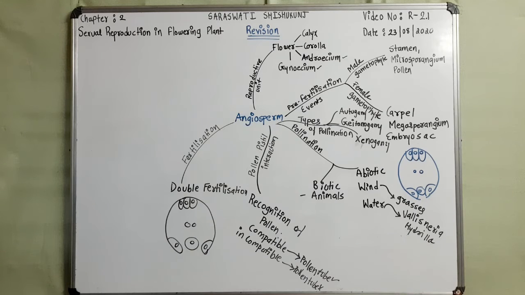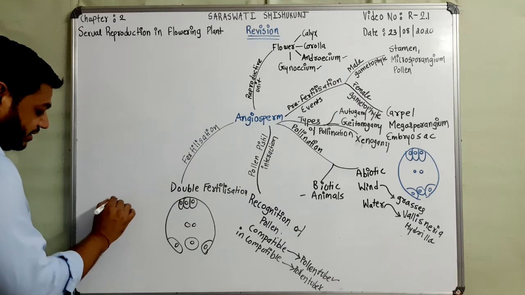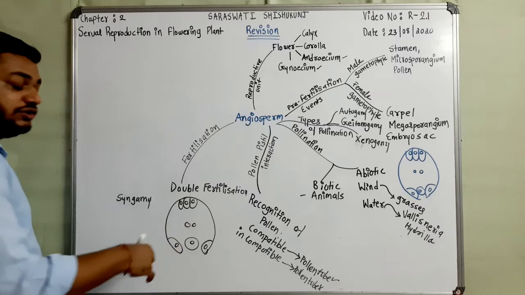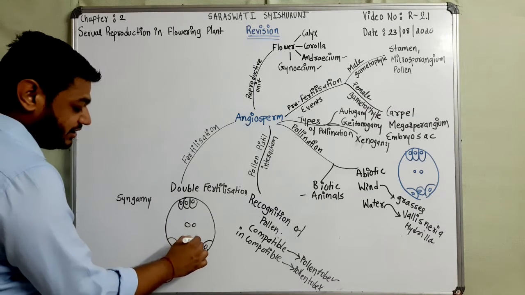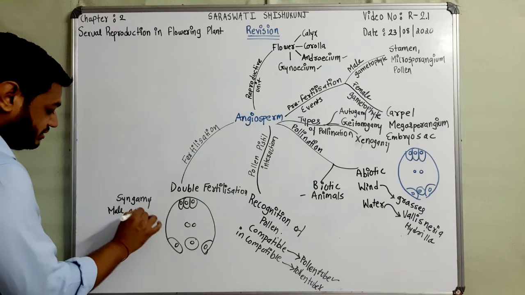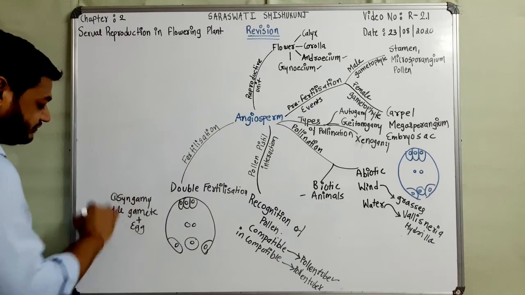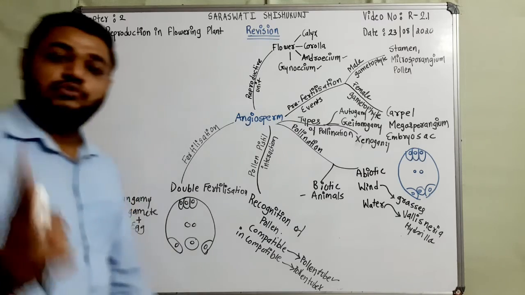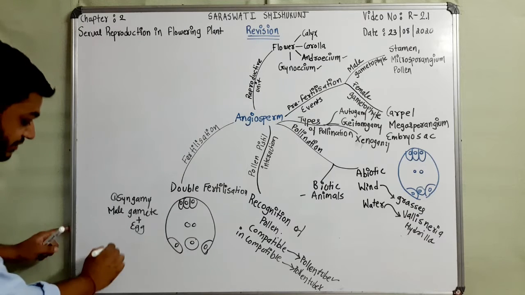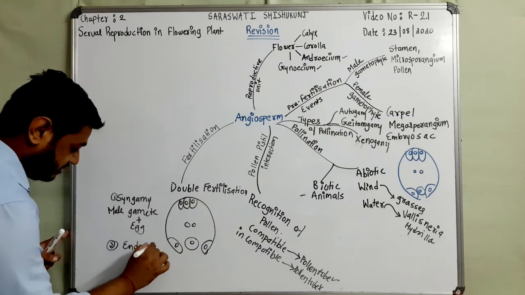In double fertilization, there are two fusions. One is syngamy, that is the fusion of a male gamete plus the egg. That is the first fertilization, because pollen contains two male gametes. The first one fuses with the egg, and the second male gamete results in formation of endosperm.